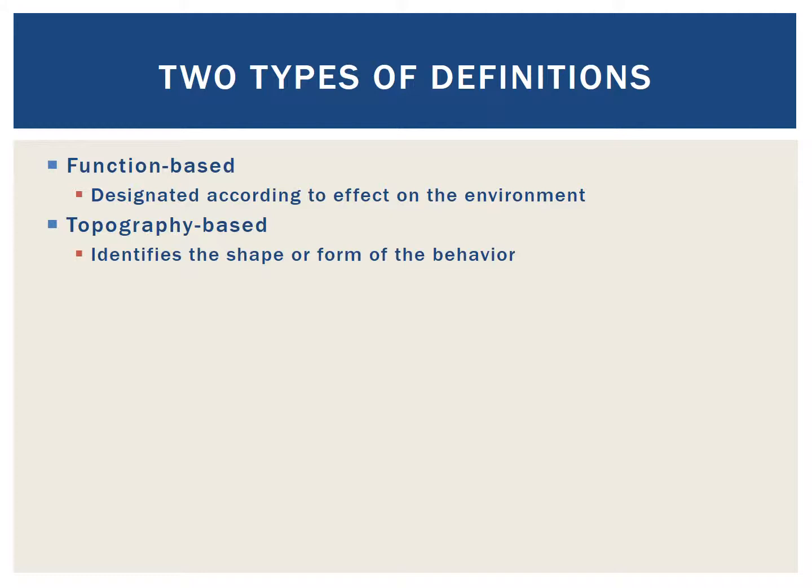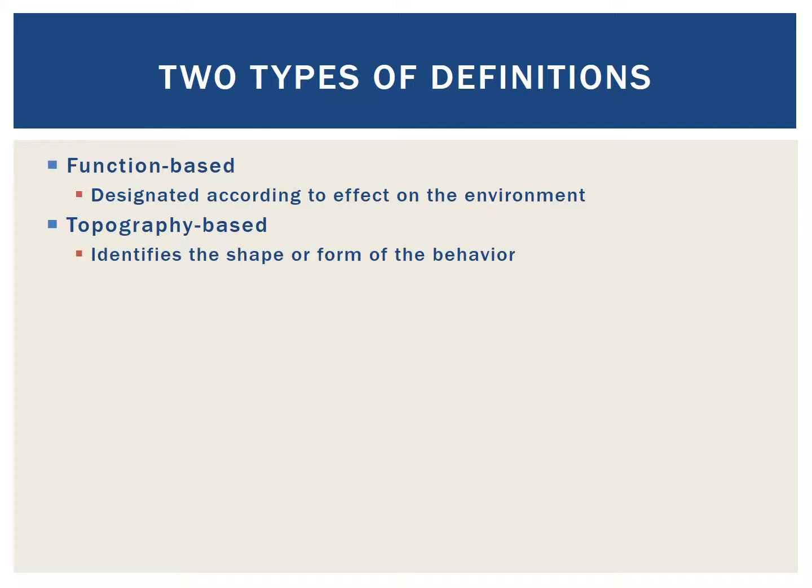So the person may engage in different types of behavior, all for the same purpose, let's say to escape demands. Well, the word that should come to mind to you is response class. So function-based definitions include all the members of a response class.